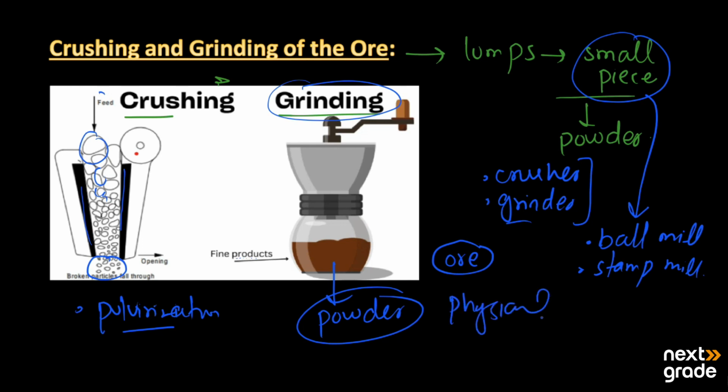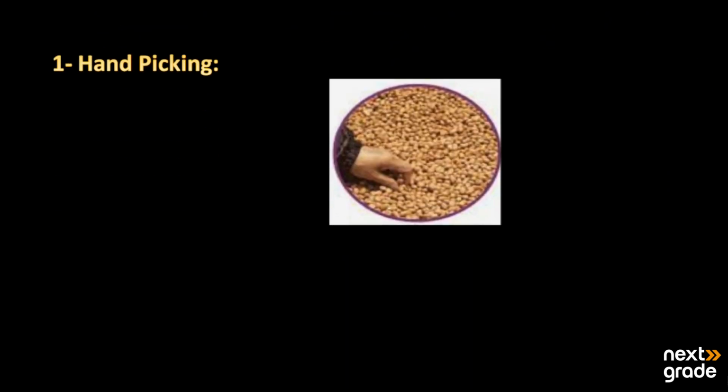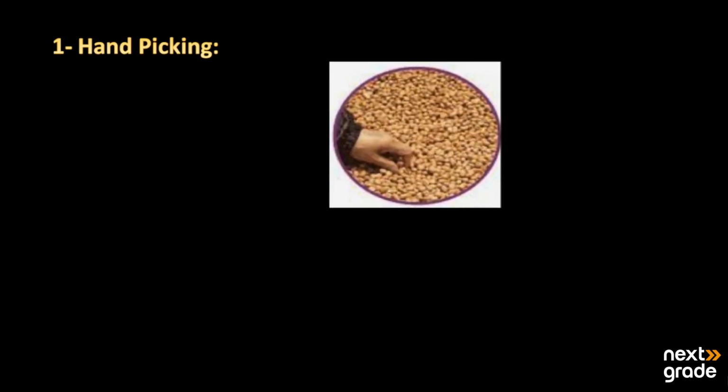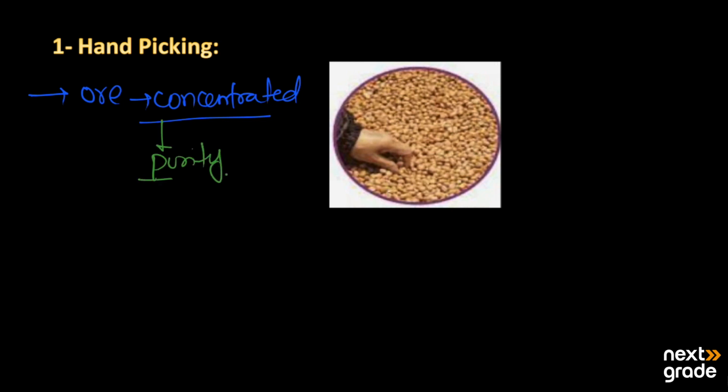They are basically physical methods. Now, the first method we have is hand picking. Hand picking is the method in which the ore is concentrated to a sufficient degree of purity by simple picking with the help of the hands.